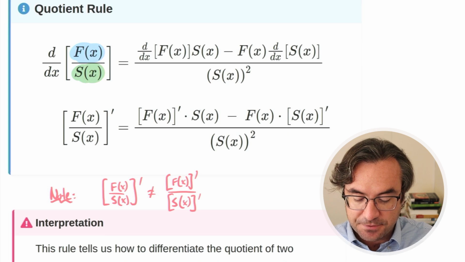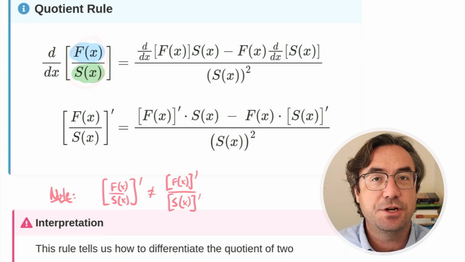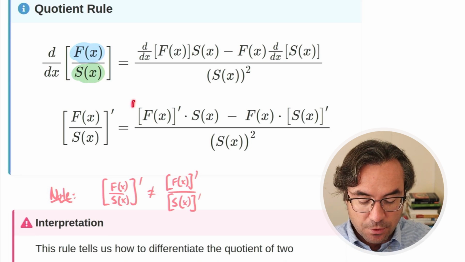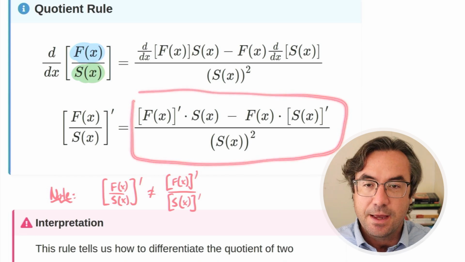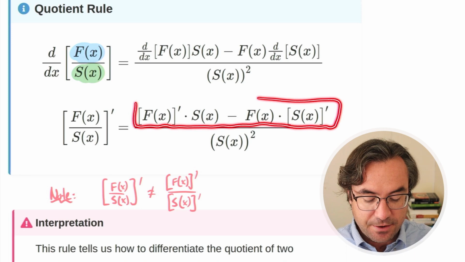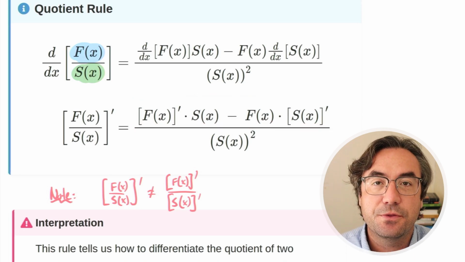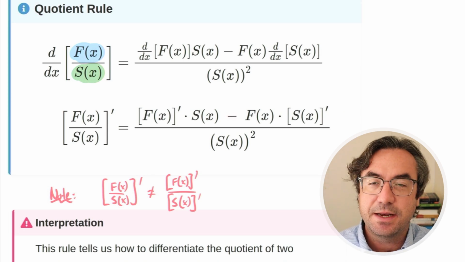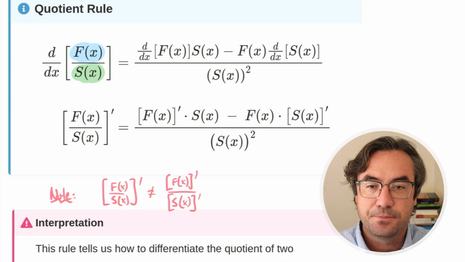So when we're trying to differentiate a fraction involving x terms on the top and x terms on the bottom, we have this more lengthy formula here. And the numerator is very similar to what we would do with the product rule, except instead of addition, we have a minus sign in the middle.